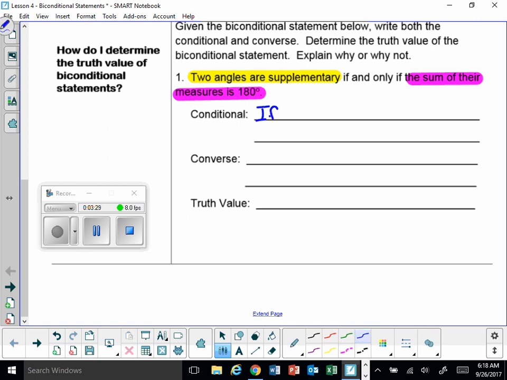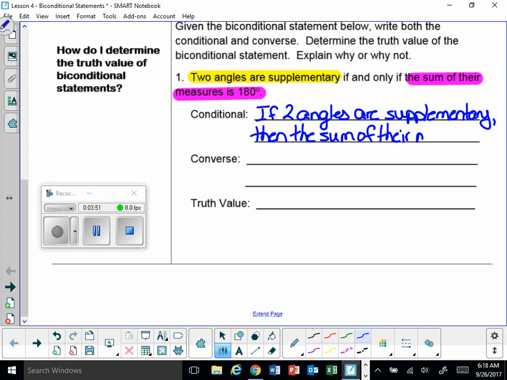So if two angles are supplementary, then the sum of their measures is 180 degrees.